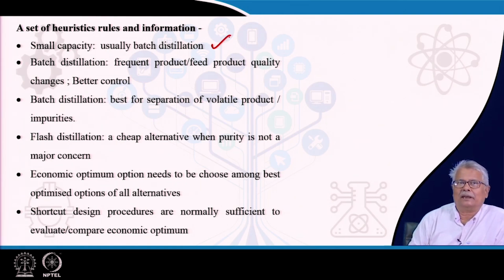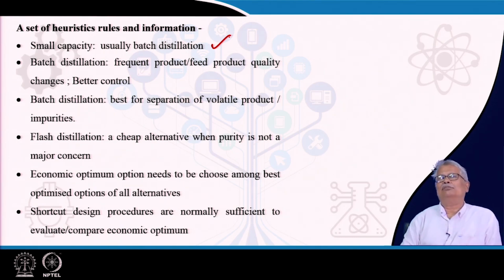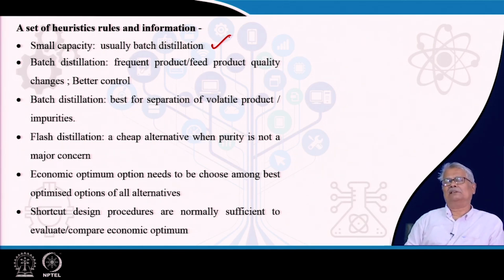This requires startups and shutdowns, because you have to fill your batch still, run it, shut it down and make it ready for the next batch. So, quite naturally, if you lose by off spec, you lose one batch of material only as off spec. So, your better control is always there in case of batch distillation systems.